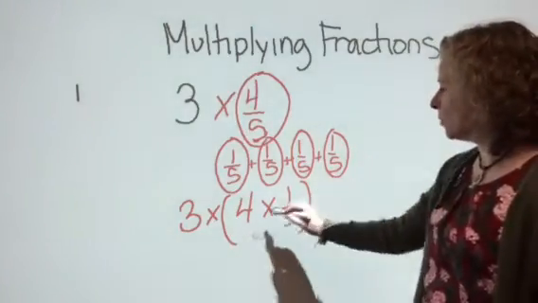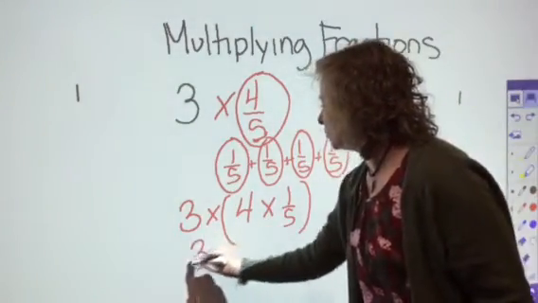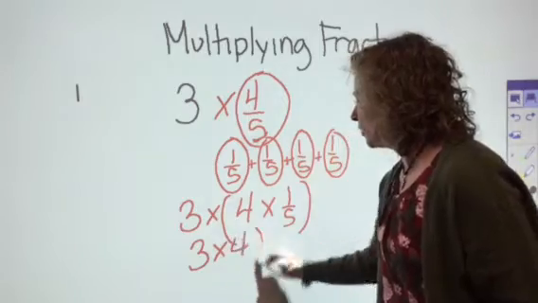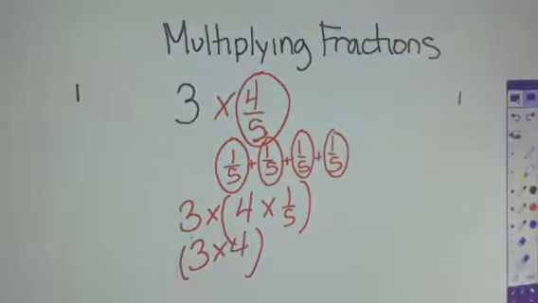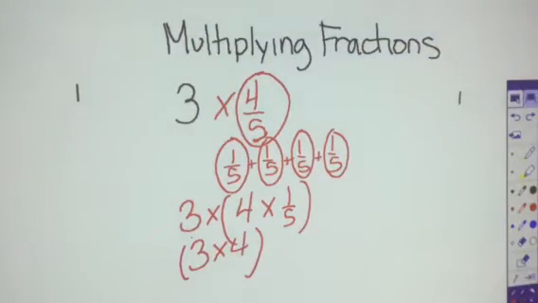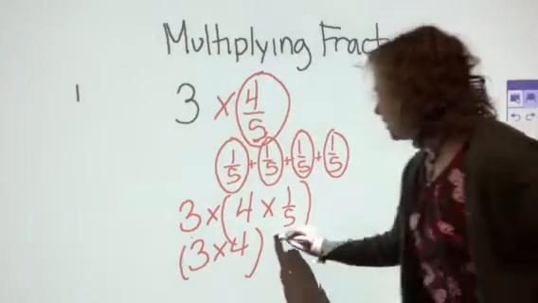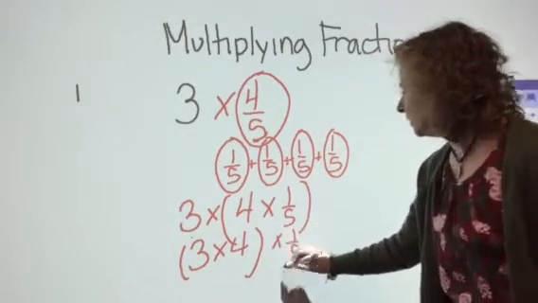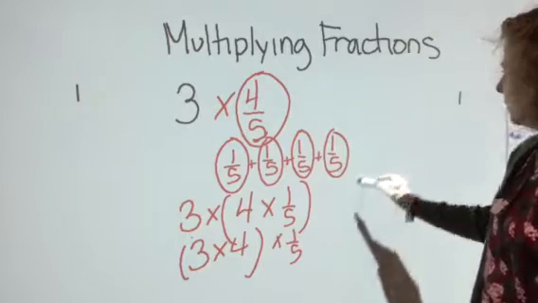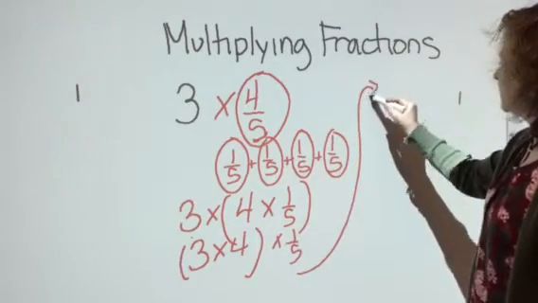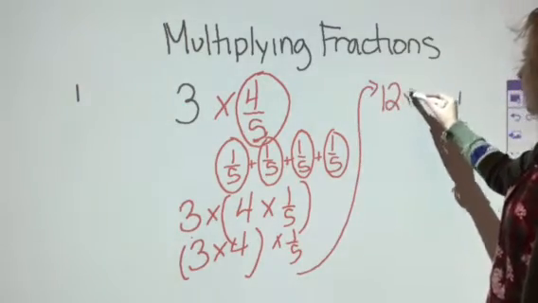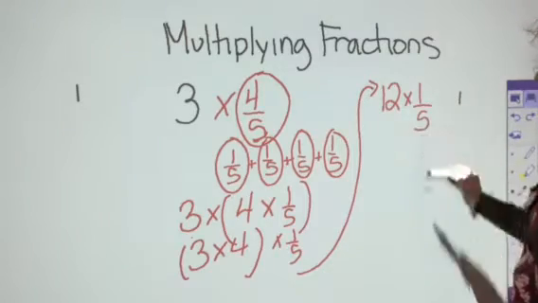So instead of grouping the 4 and the 1/5, I want to group 3 times 4. I want to make sure you can see that. I'm not getting too low. Okay, 3 times 4 times 1/5. Well, 3 times 4 is what? 12 times 1/5.